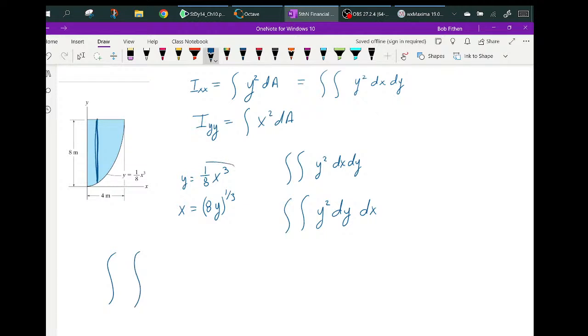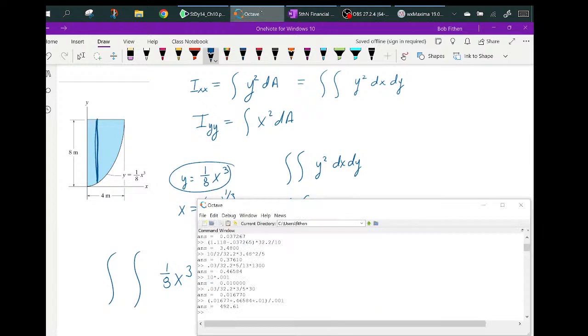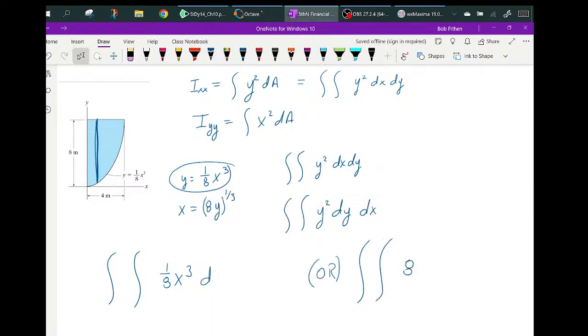First choice is to use this one, 1/8 x to the third. Now, if I'm doing that, I'll put a big or. 8. Wait a minute. You know what? 8 brought up to the, I think I know the answer here. It's 2. So, in fact, here.